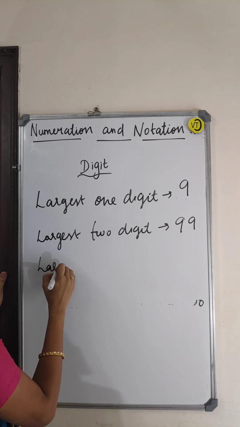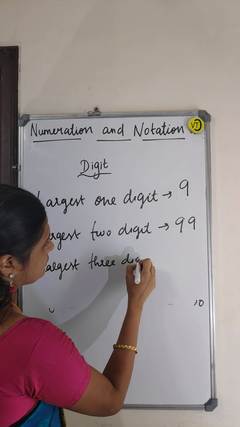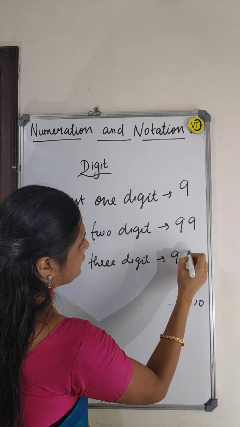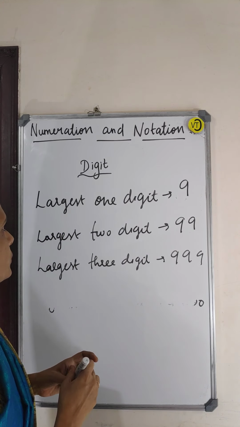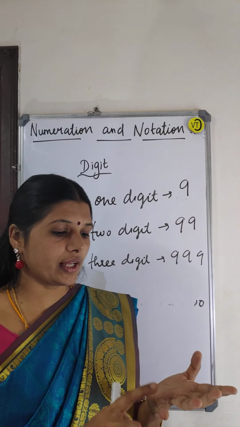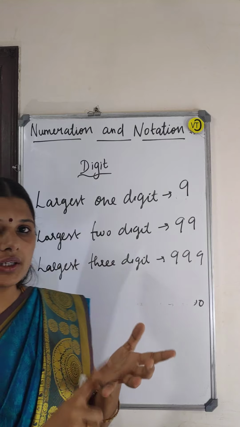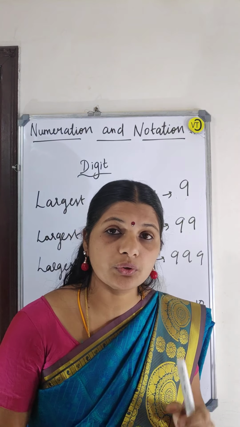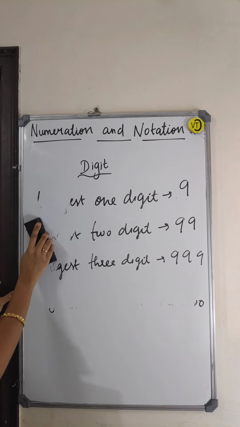Right. Okay. Then largest three-digit, 999. Okay. So you have to know smallest one digit, two digit, three digit, and again largest one digit, two digit, three digit. You have to know that first of all. Right.